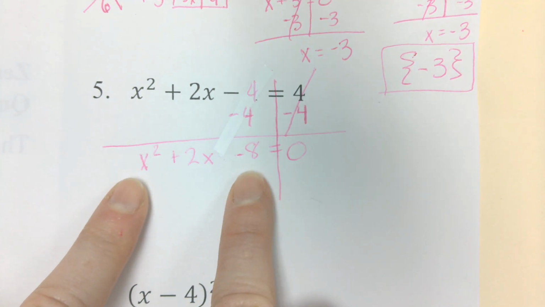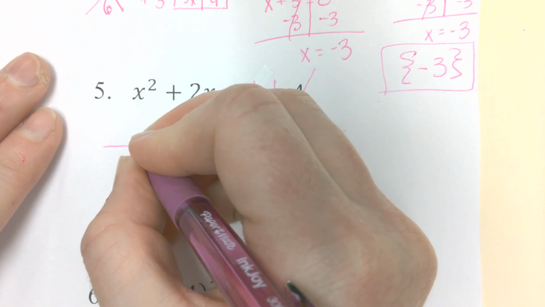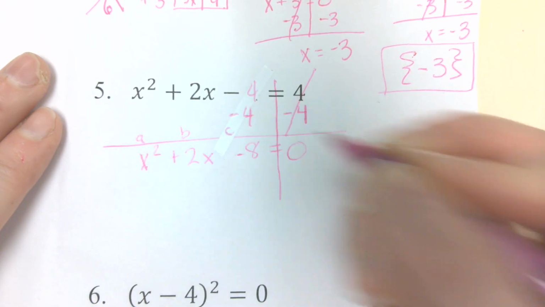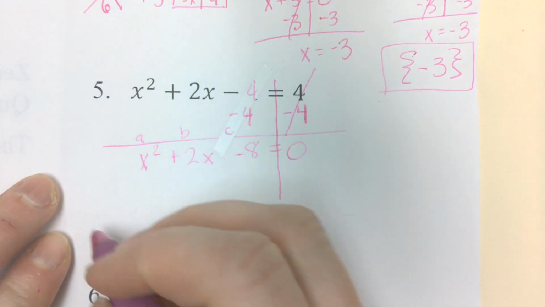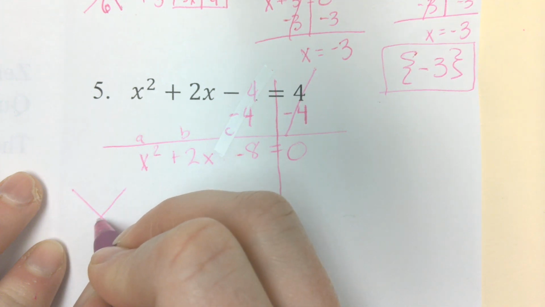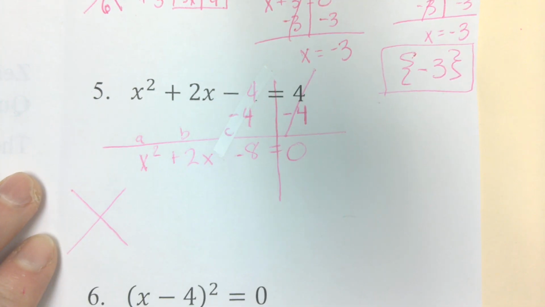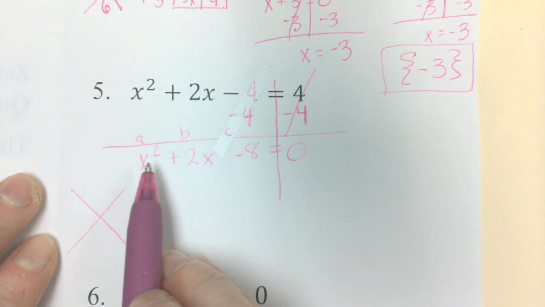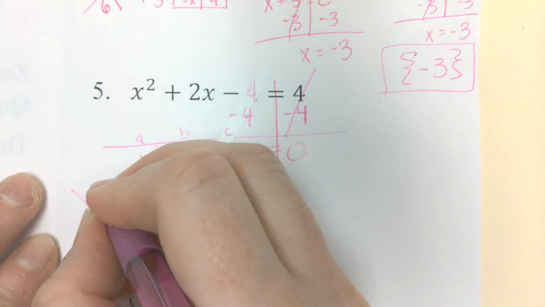This needs to be binomials though. So this is A, B, and C. So we need to do our x box. On the top of our x, we do A times C. So that'd be 1 times negative 8.